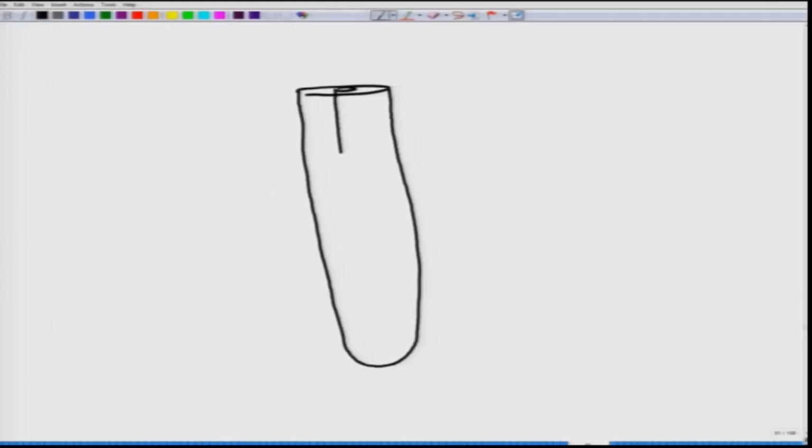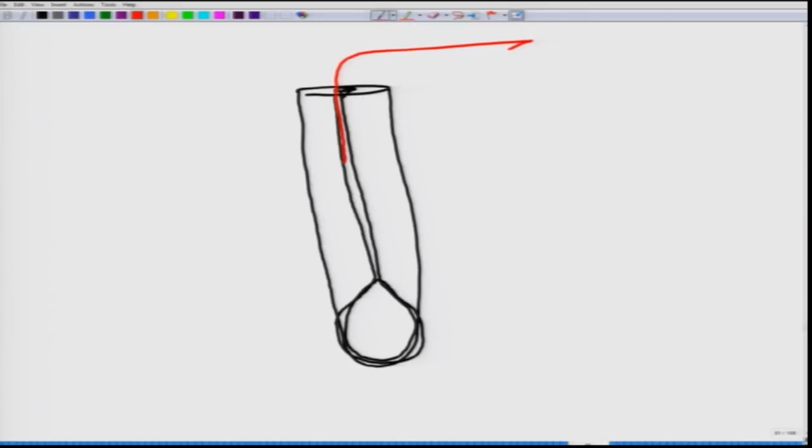With another inner chamber going through, here you have a wire which is coming like this, and this wire is going all the way down. You have another wire coming from outside.